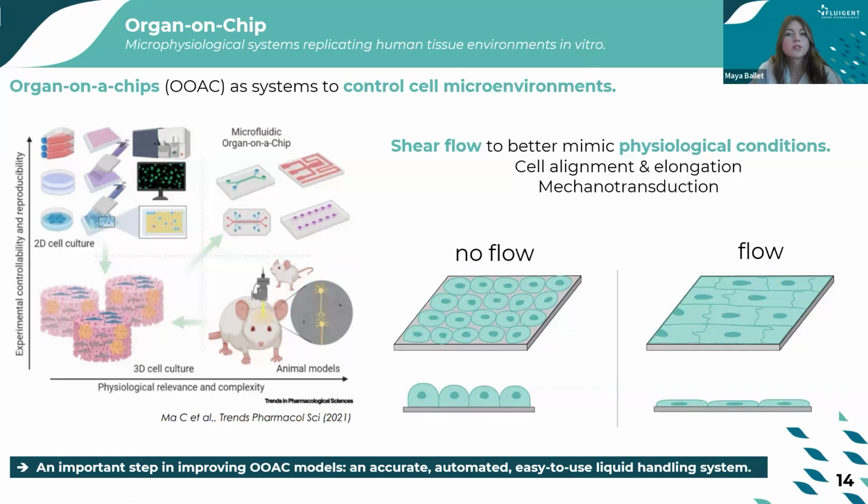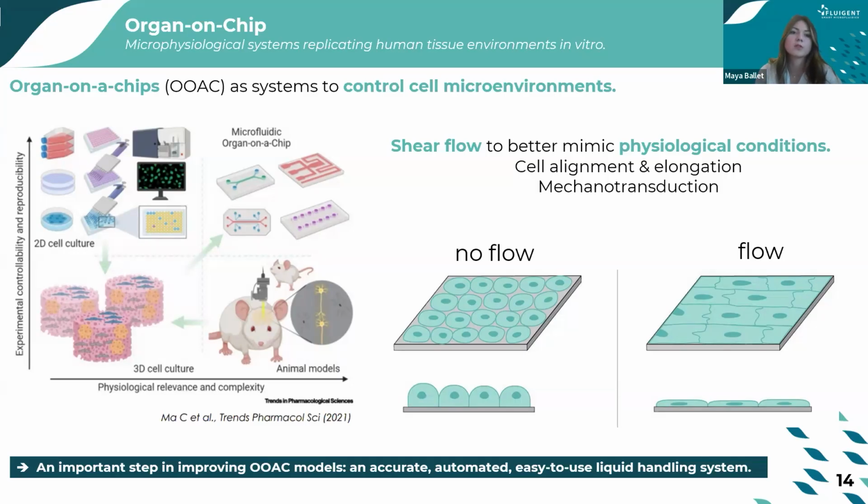And on the other side, if the flow is too high, then the cell can detach or become mechanically overstressed. So that's why only an appropriate flow rate supports the long-term homeostasis across long-term experiments that we need with the organ-on-chip models.